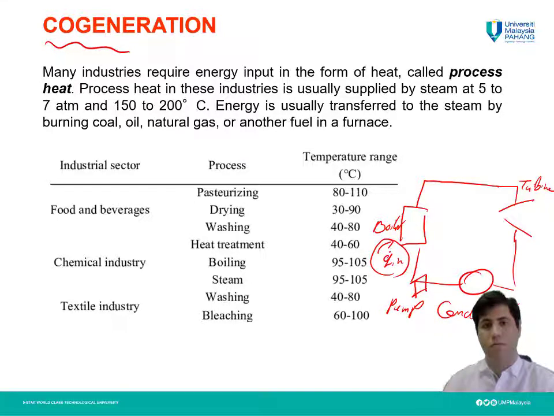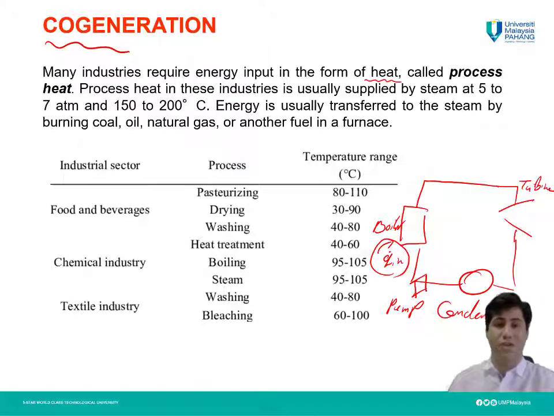So how can we reduce the energy required in the boiler to increase the temperature of the working fluid in this ideal Rankine cycle? As you know, in many industries we also need to use heat. Like in food and beverage, we need temperature or heat for drying, washing, and so on.